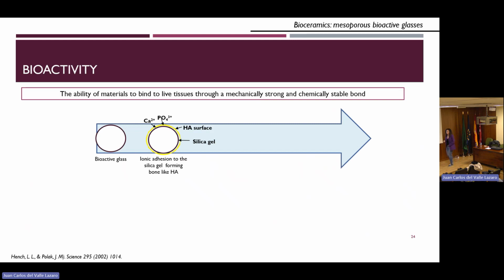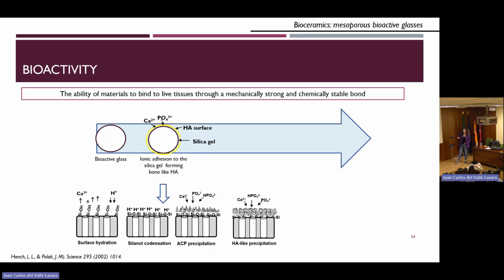How does bioactivity work? This is for bone, in the case of a bioactive glass in contact with live tissue. We put our glass in contact with, for example, plasma, a biological solution, and then they start to create a hydroxyapatite layer on the surface.